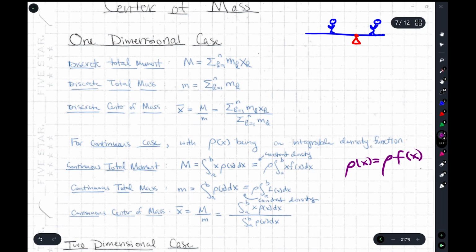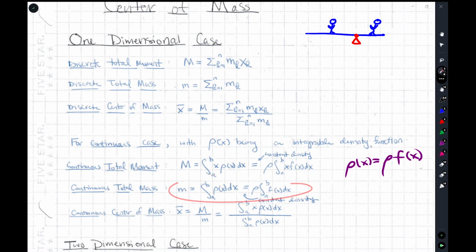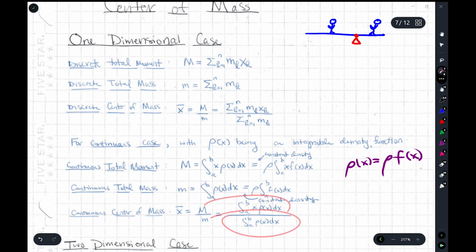So you can factor out a constant density from that shape of the density function. For the total mass, likewise, you compute it this way: the integral of rho of x dx gives you the total mass. And the center of mass is going to be the moment divided by the total mass.